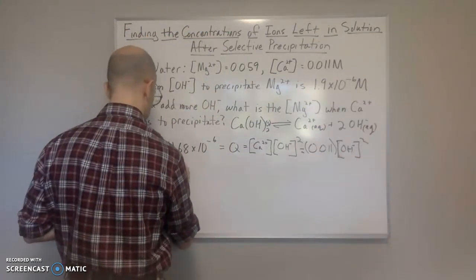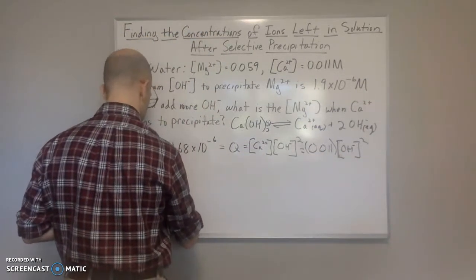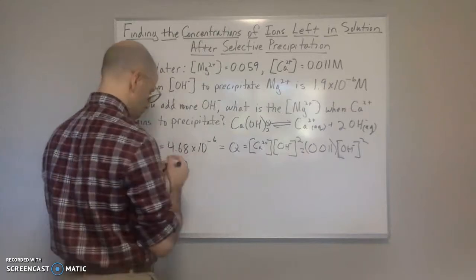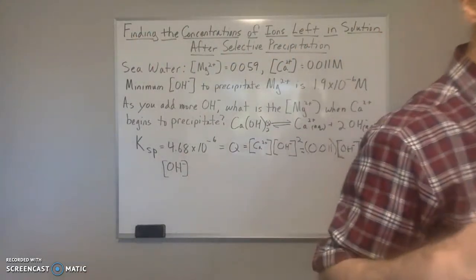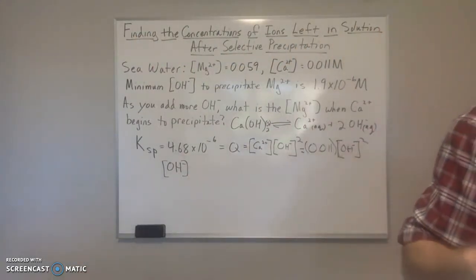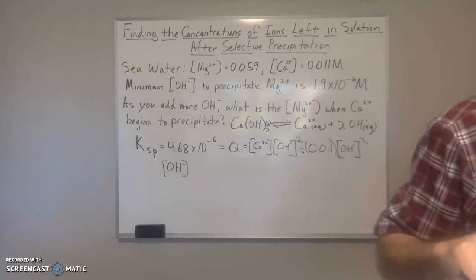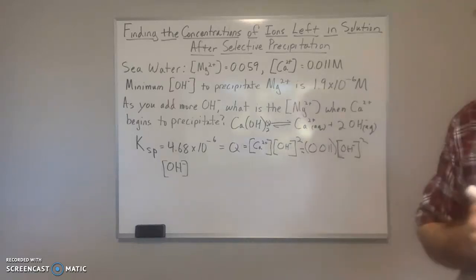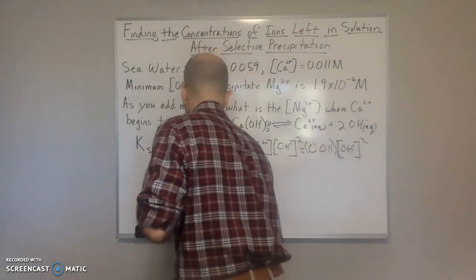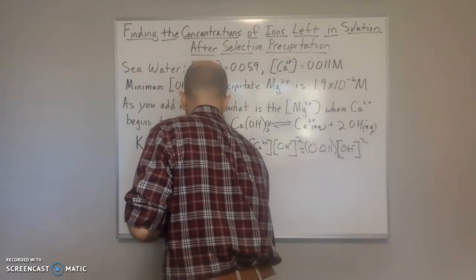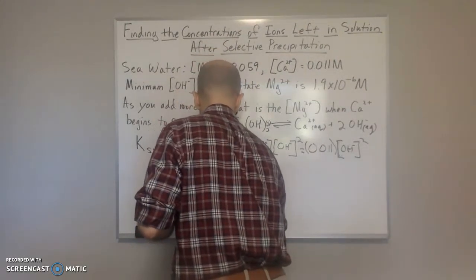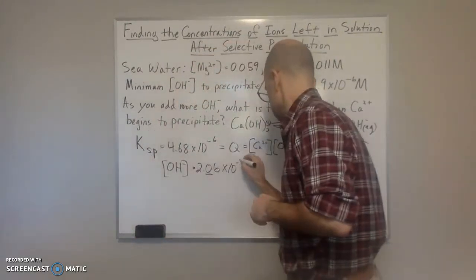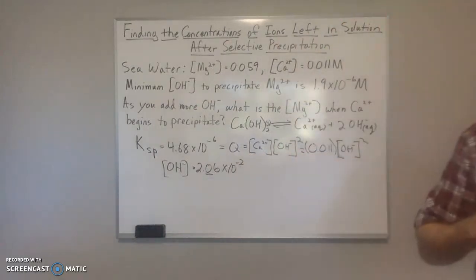So when we do that, the OH concentration is 2.06 times 10 to the negative 2.